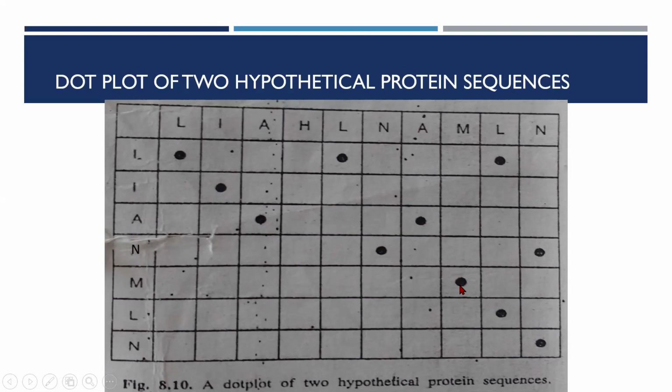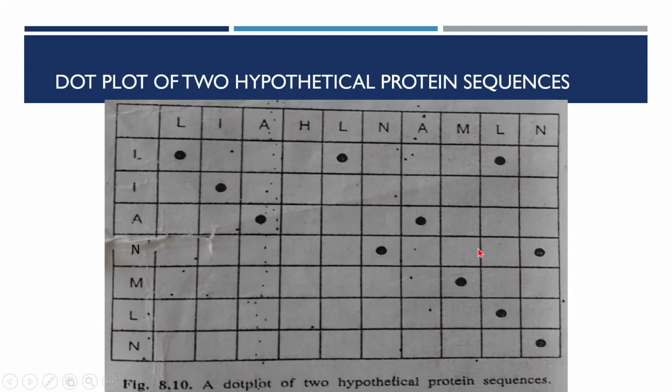Again, here you see M, L, N and M, L, N. Again, three consecutive characters are identical in this region of the two sequences, so you will find another diagonal line of dots.